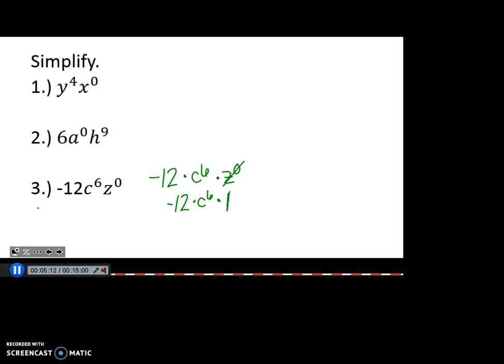Now, even though that negative 12 isn't directly next to that 1, if I can multiply negative 12 times 1, I have to go ahead and complete that math problem, because I can reorder this so that they are right next to each other, if you want to. So negative 12 times 1 is negative 12, and then c to the 6th. That's our final answer.